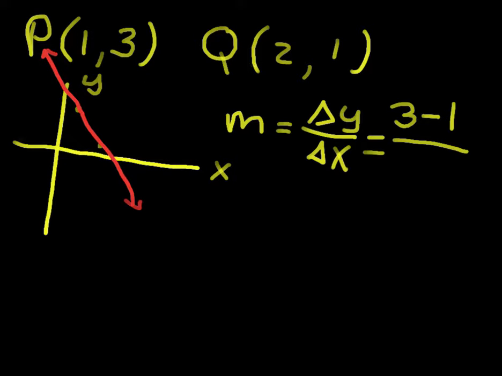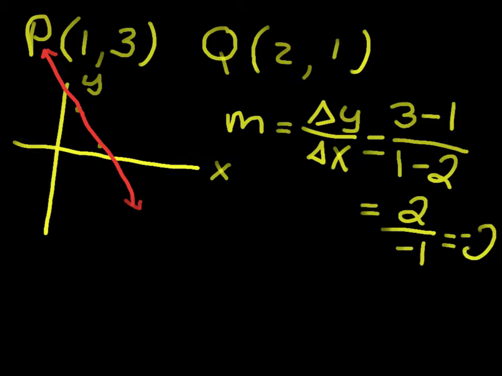So I use 3 here and 1 there, and now I use 1 for my first x value and 2 for my second x value. So it is 1 minus 2. So this is equal to 3 minus 1, which is 2, over 1 minus 2, which is negative 1. And so the slope is negative 2.